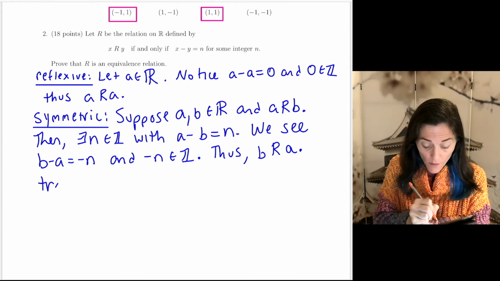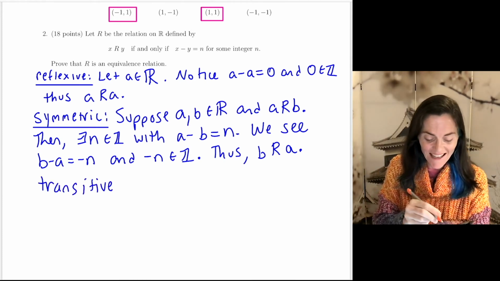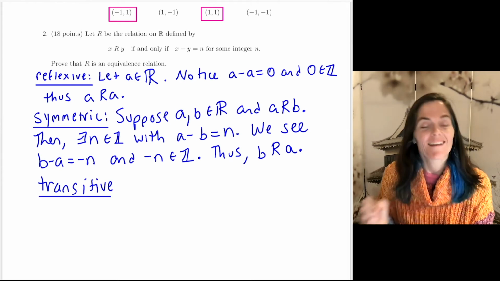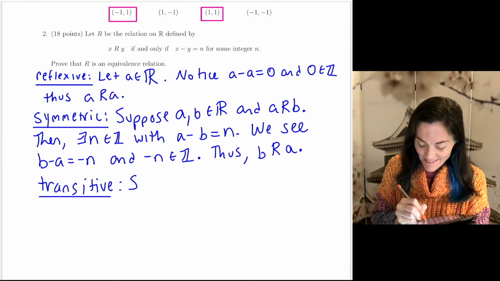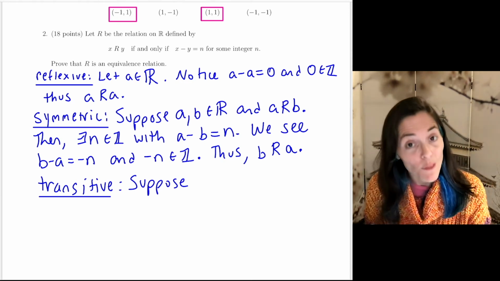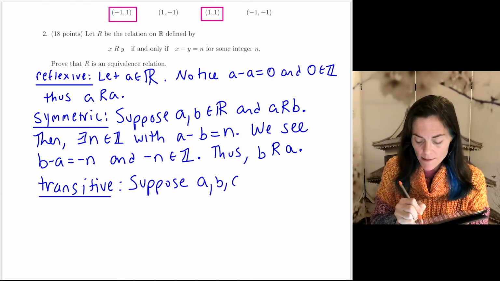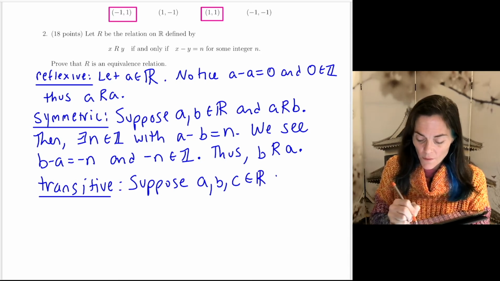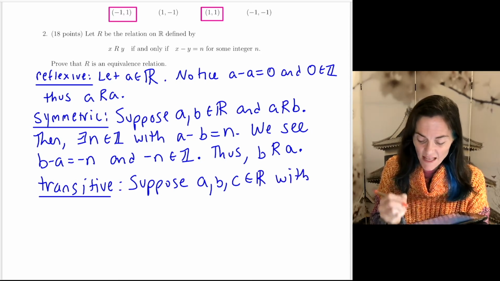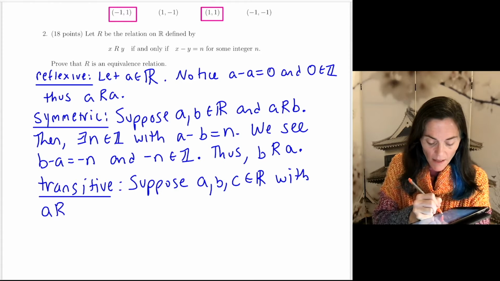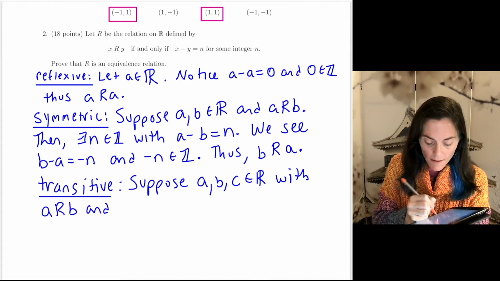Now we are moving on to transitive. This is the last property that we need to finish the proof in number 2. This time, I need to start off with 3 real numbers. So we suppose a, b, c are real numbers with, well, we had a relates to b and b relates to c.